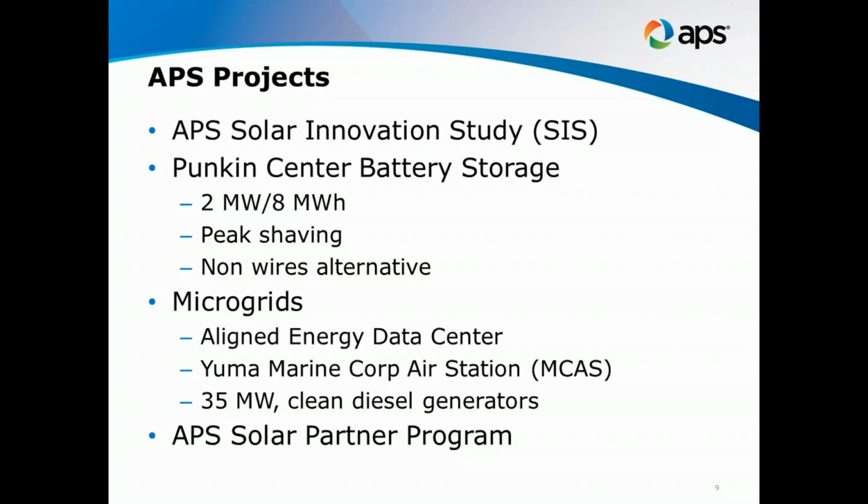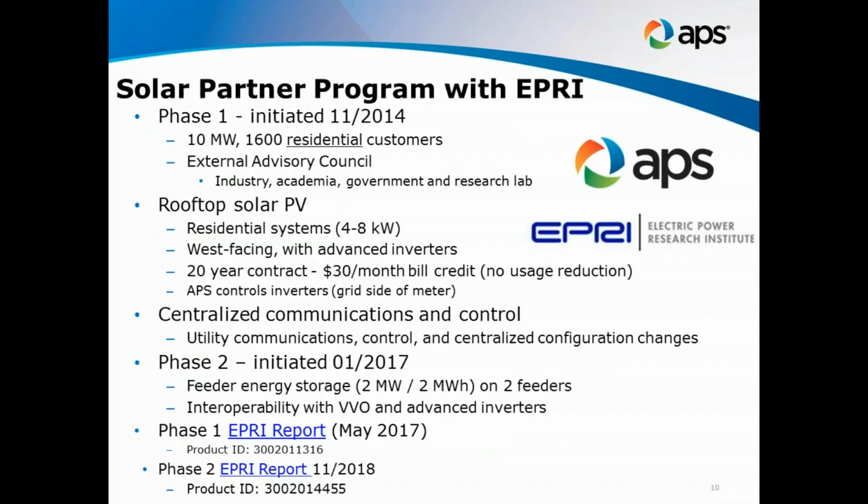I mentioned a little bit about the microgrids. There are 2 specific locations totaling about 35 megawatts. I'll dig in next into the Solar Partner Program and the exact model and data around this.